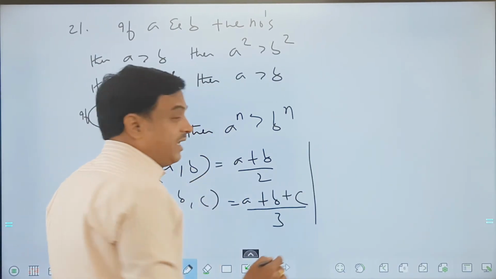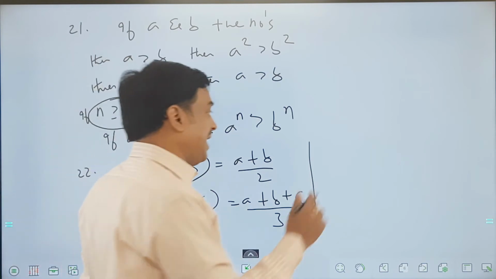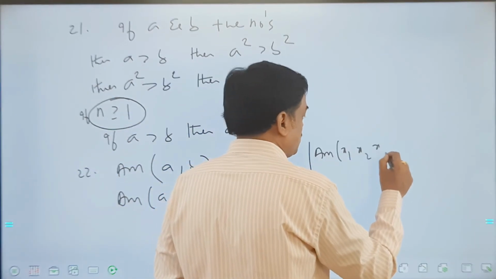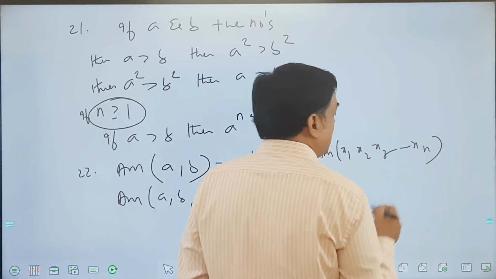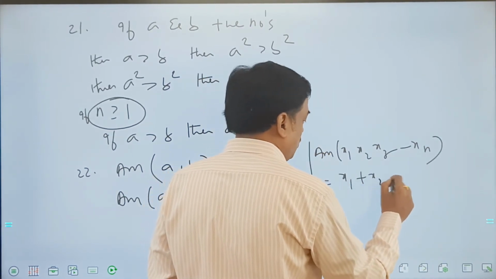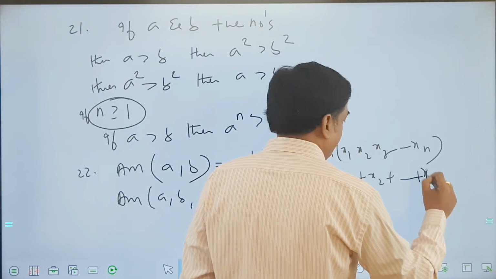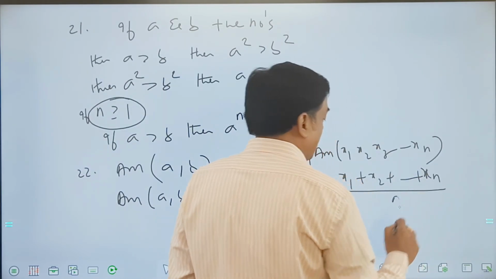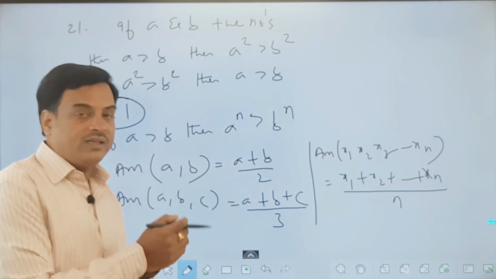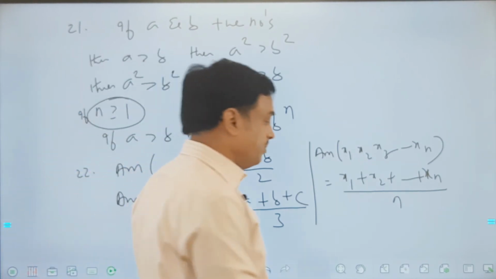And if I have the arithmetic mean of n numbers x1, x2, x3 and so on up to xn, then the answer will be (x1 plus x2 plus so on up to xn) divided by n. That is the general method to find the arithmetic mean of numbers.